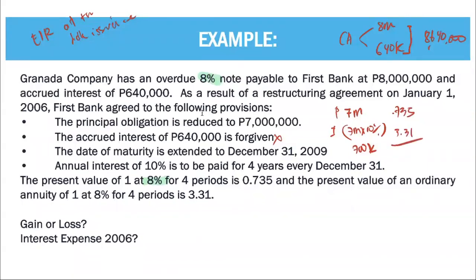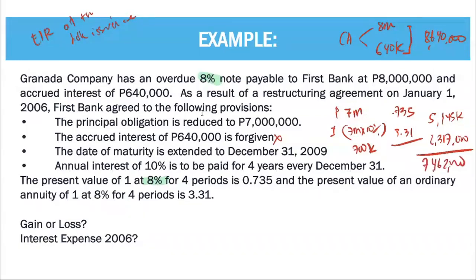So 7 million times 0.735, we have 5,145,000. And then 700,000 times 3.31, we have 2,317,000. So what is the total? 5,145,000 plus 2,317,000, we have 7,462,000.